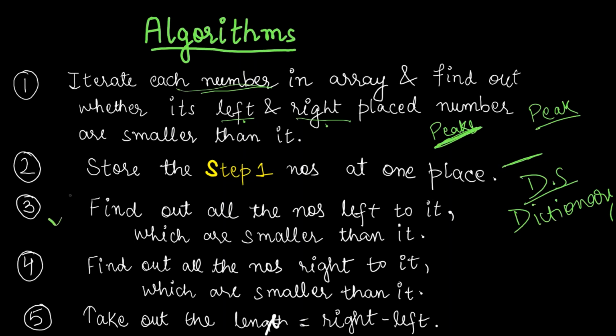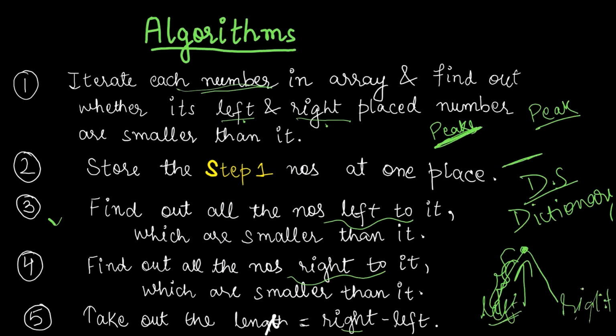Then in step 3 we need to find the deepness of each peak. We'll do that with respect to left as well as right. All the numbers should be less than it. And after that we'll have left, and here we will have right. Once we get left and right, we'll get the length by subtracting the indices.